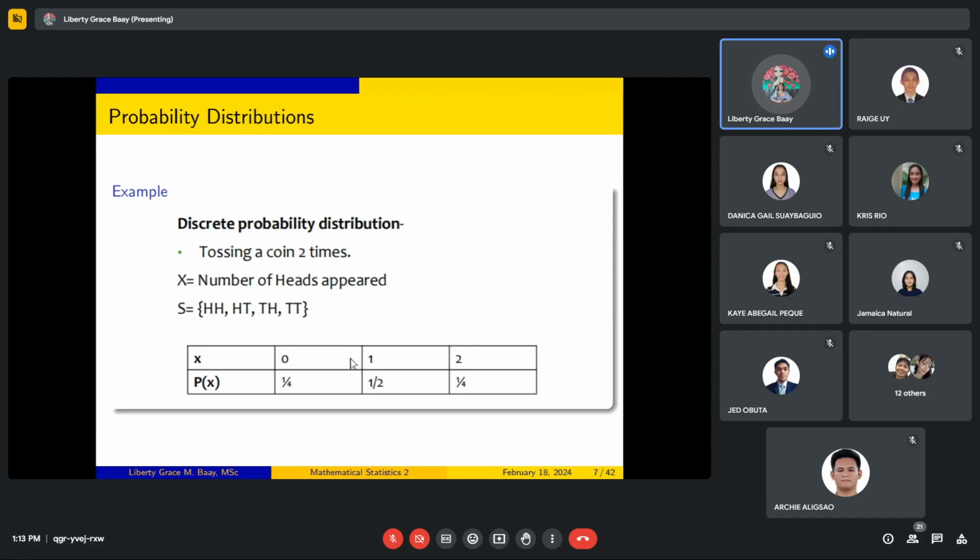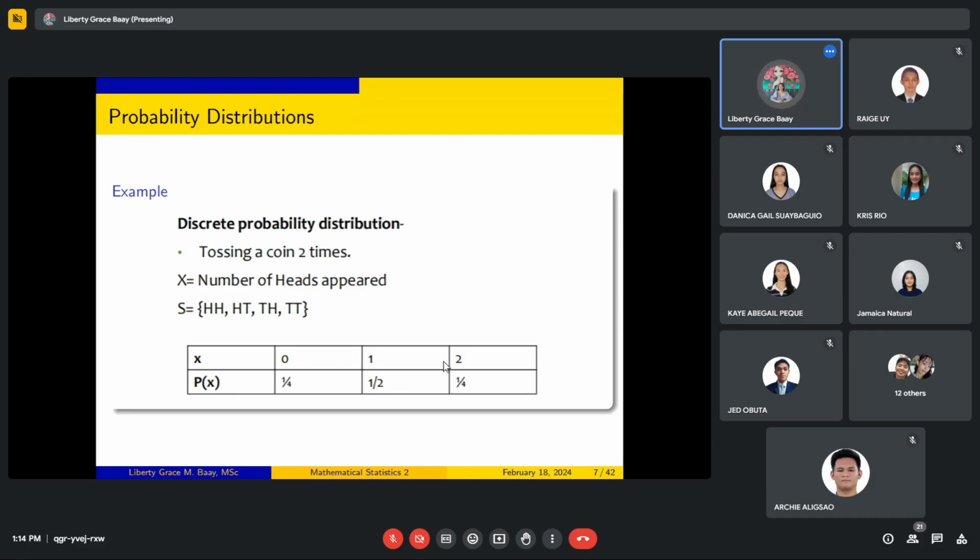Okay? Then when our x is equal to 1, which means pila ka buok dira ang ni-appear nga isa ka buok ang head. So kini kay duha man, di ba? The next one isa ka head, and the third one isa pod ka head. So which means 2/4 kay upat man ka buok atong outcomes. So 2/4 is just equal to 1/2. So the probability of x equal to 1 is equal to 1/2.